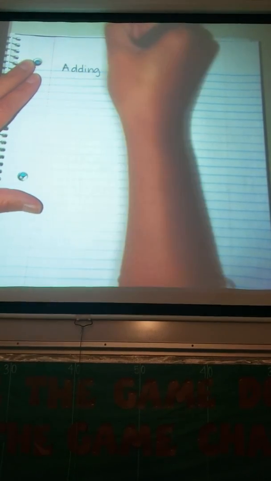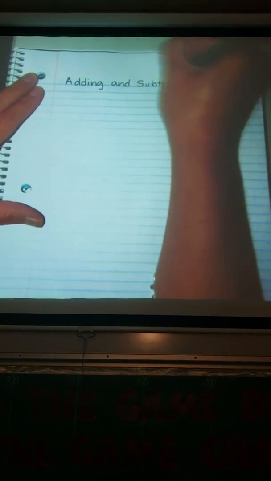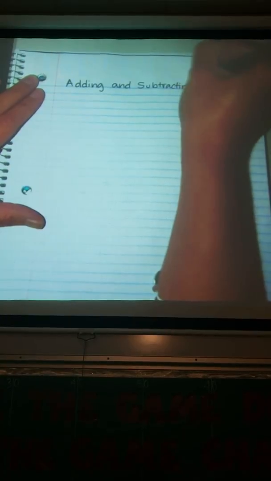By the end of this lesson, you should be able to fluently or successfully add fractions and also successfully subtract fractions. So we're going to make our title pretty simple: adding and, you guessed it, subtracting fractions.